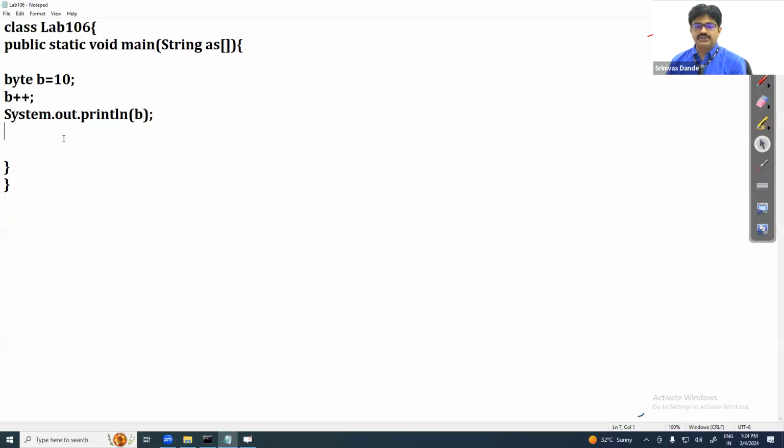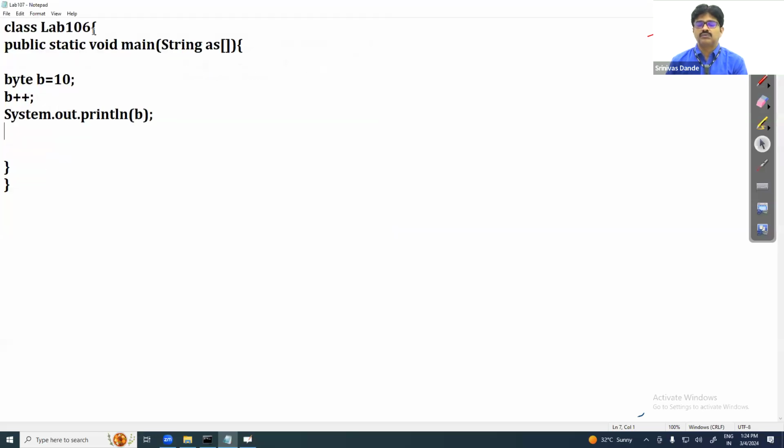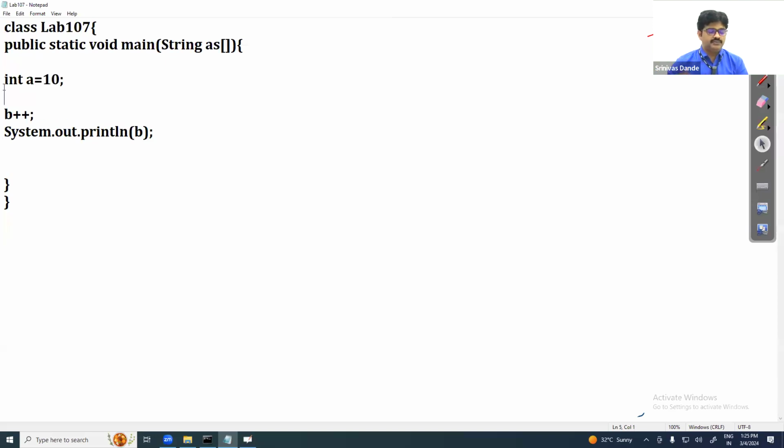Next, 107. We'll check the prefix and postfix, how you understand them. Int A equals 10.